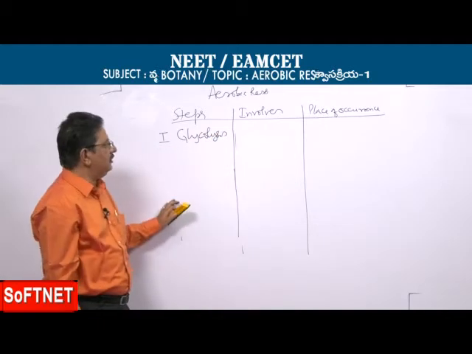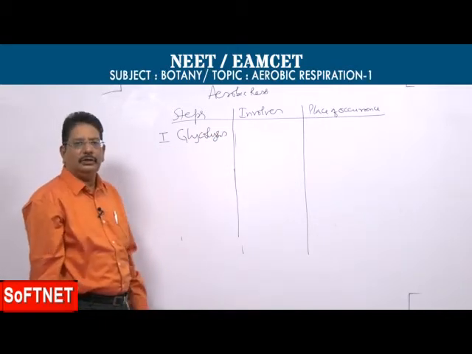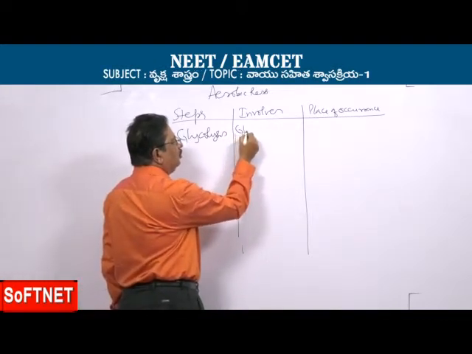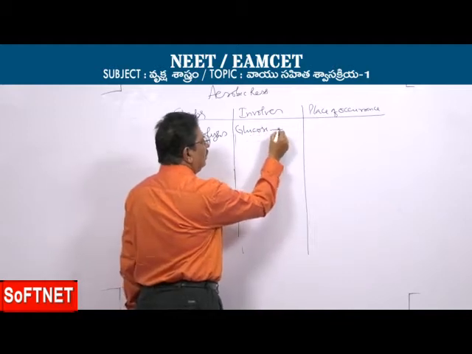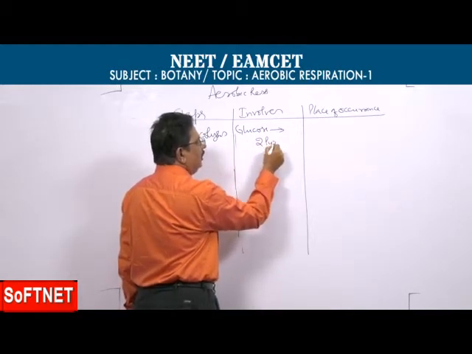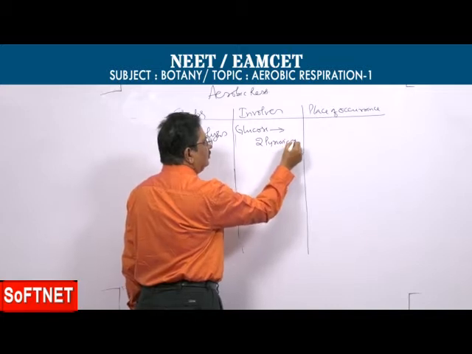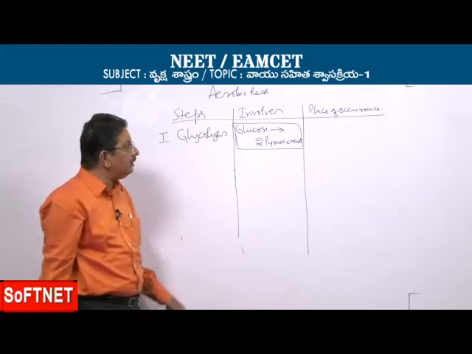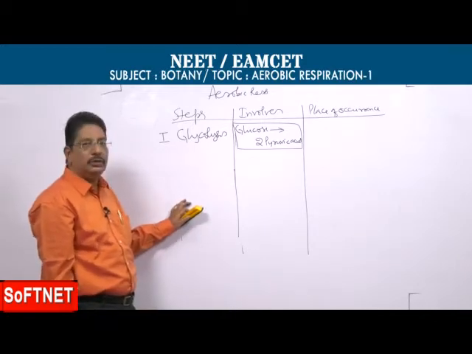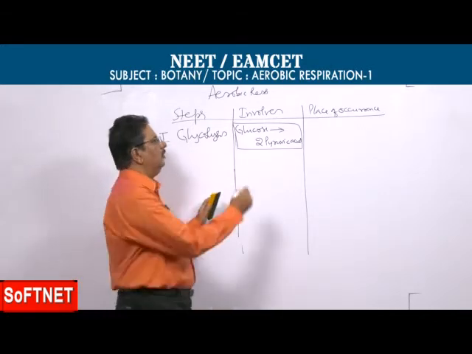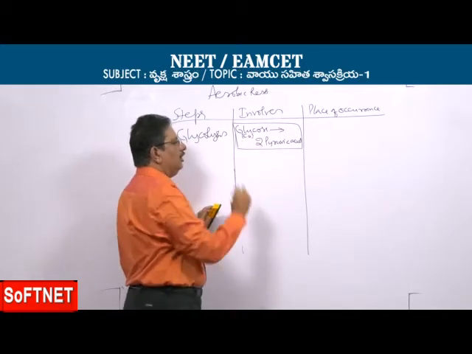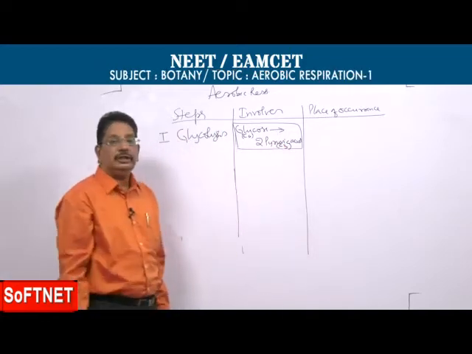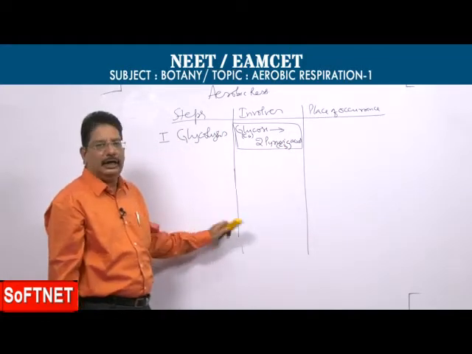This is the process where the glucose molecule converts into two molecules of pyruvic acid. Simply, glycolysis, the first step of aerobic respiration, involves conversion of glucose, a C6 compound, into two molecules of C3 compounds called pyruvic acids.